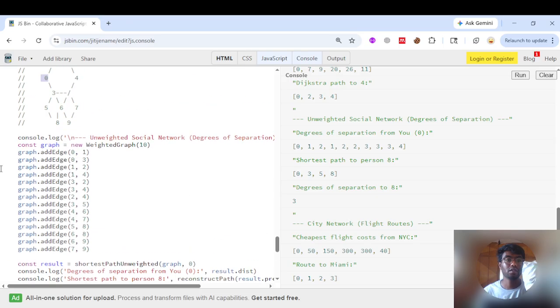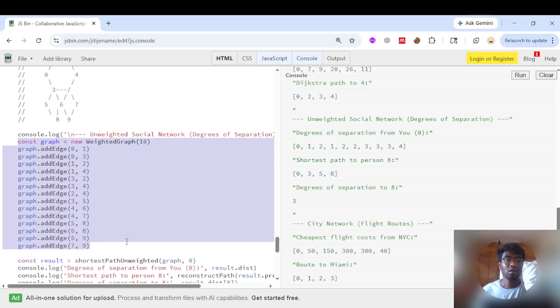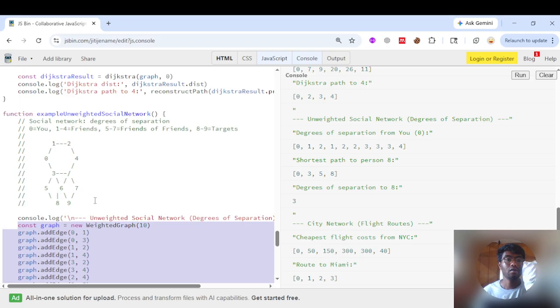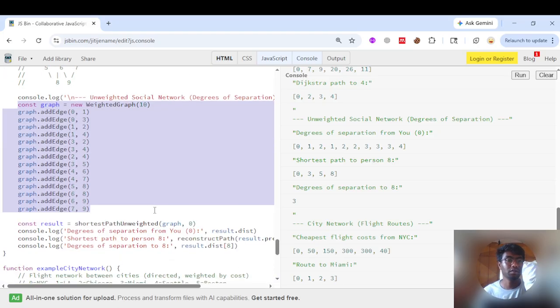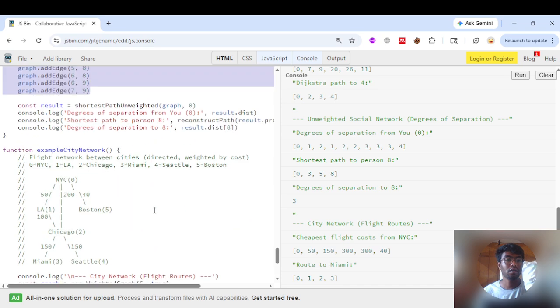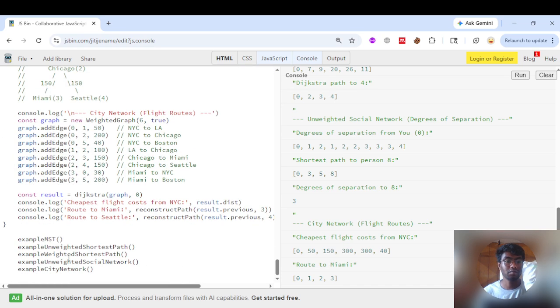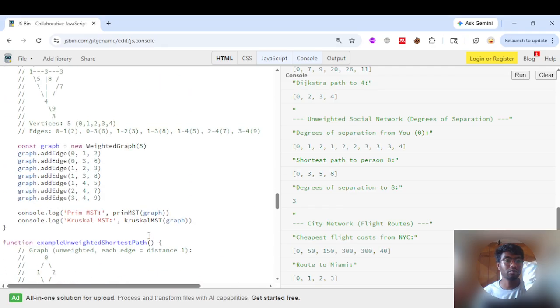So this is a graph that is built this way, and there are about 10 vertices or 10 nodes here. Unweighted social network is the function.